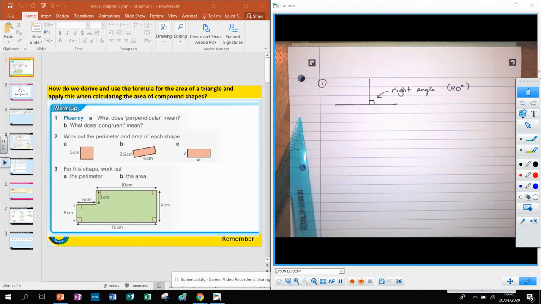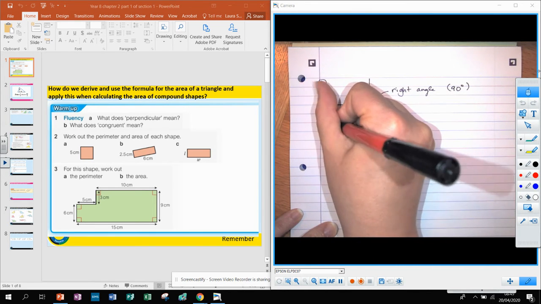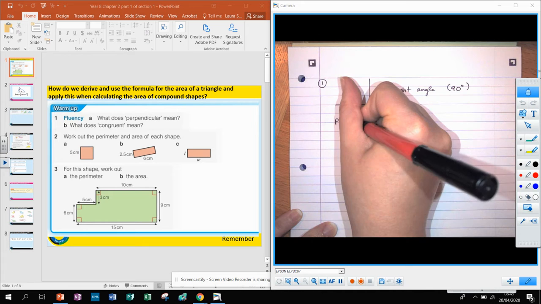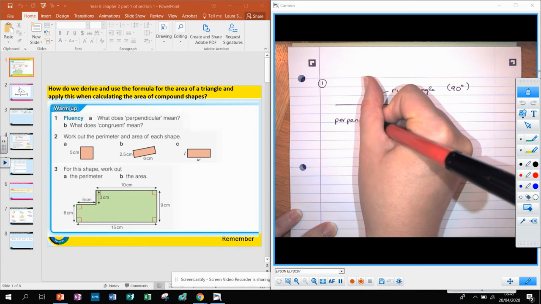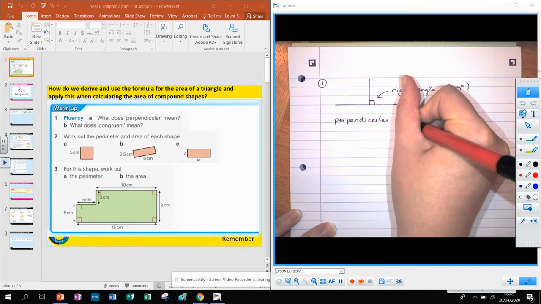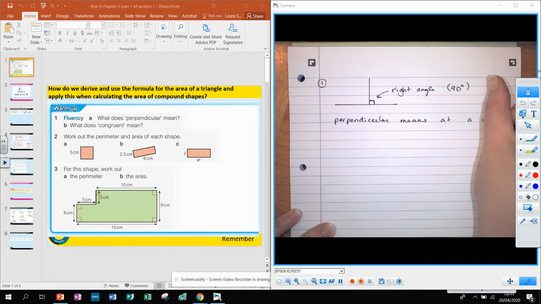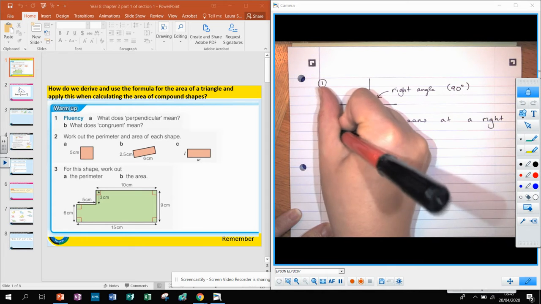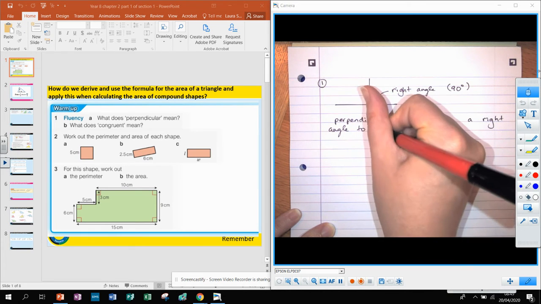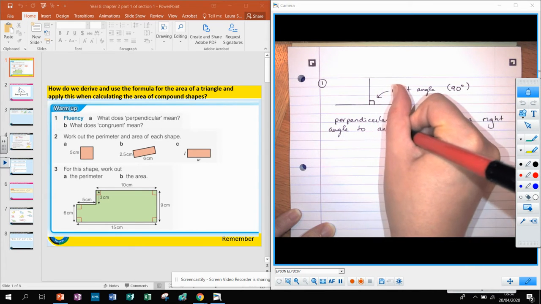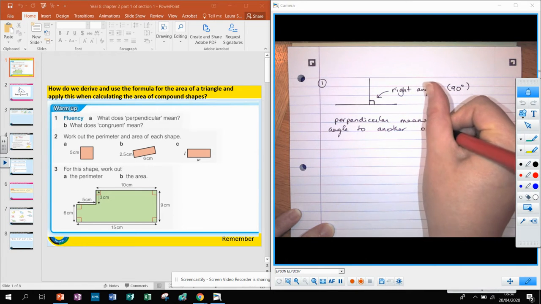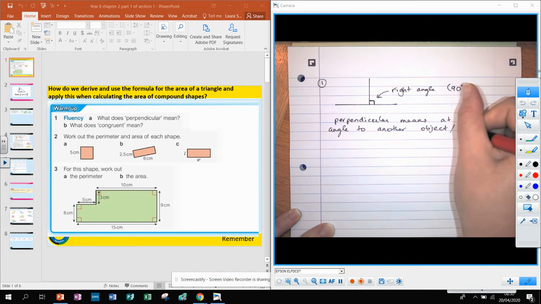So to answer a question about what does perpendicular mean, it's perpendicular means at a right angle to another object, or in this case, line segment.